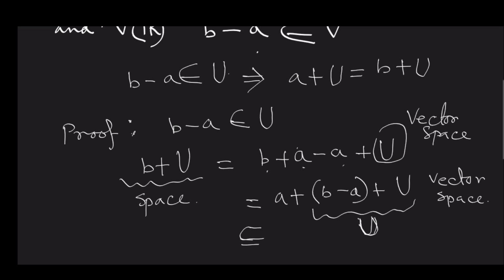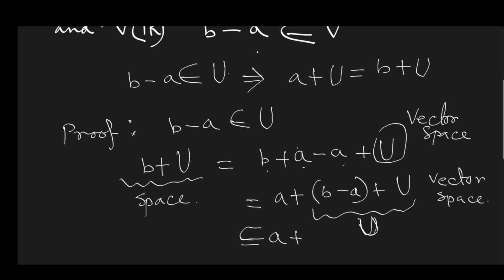B minus A was previously an element of U, and adding it to U, the resultant will in no way fail to be an element of capital U, because a vector space by virtue of its composition is obliged to ensure the closure of addition. So if you add one element within your vector space, then obviously that will still be the same space.